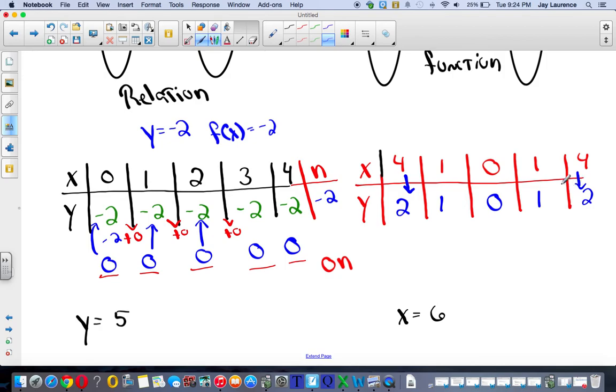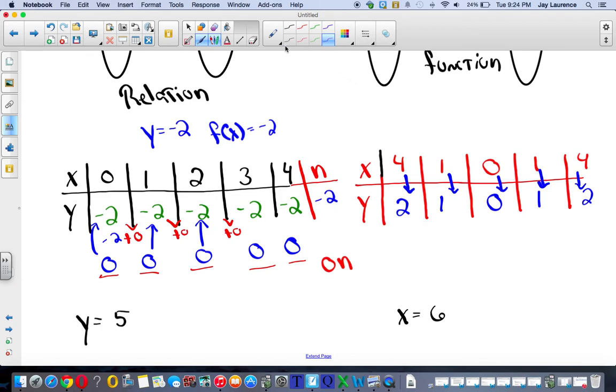That's the same number, isn't it? 1's going to 1, and 0 is going to 0, but 1's going to 1. I don't see them going to different places. I think this is going to be a function. I think it fooled me. Yeah, because 4 is only going to 2. It's listed twice. I'm not sure why. Yeah, on a graph, I couldn't show that twice.